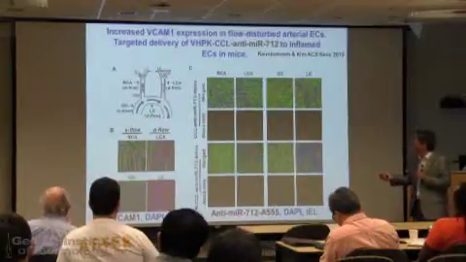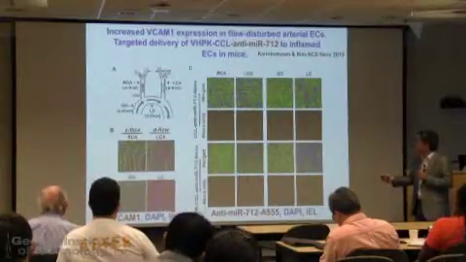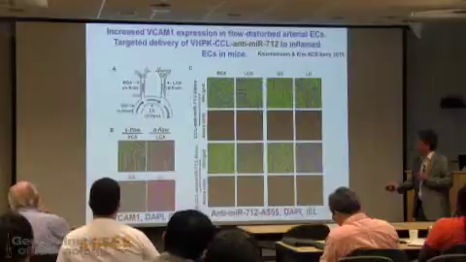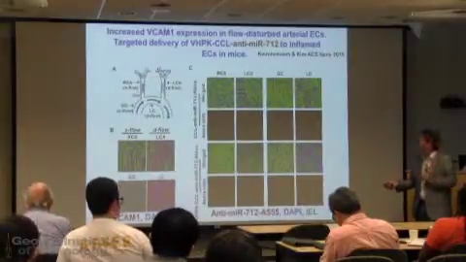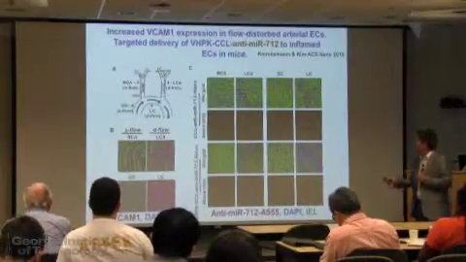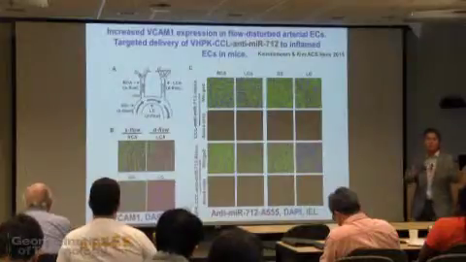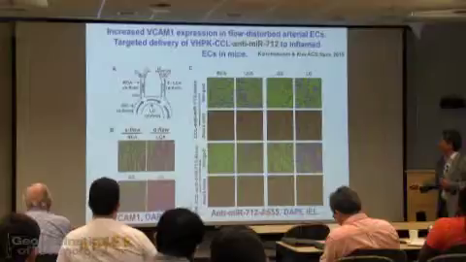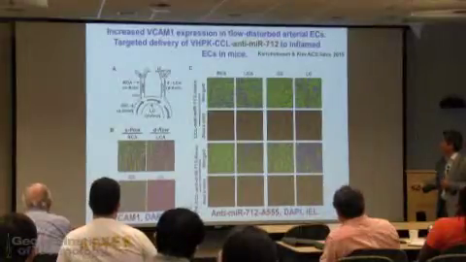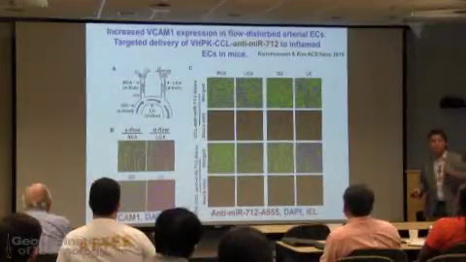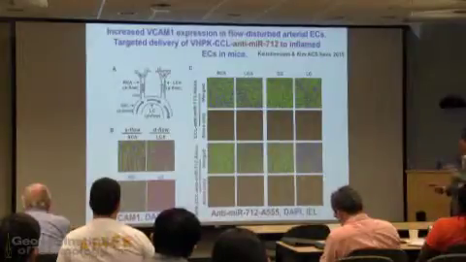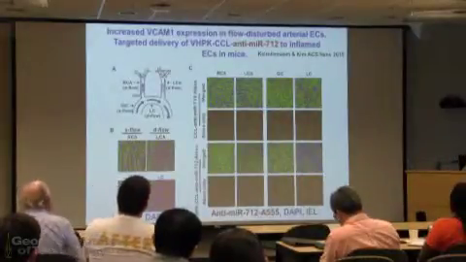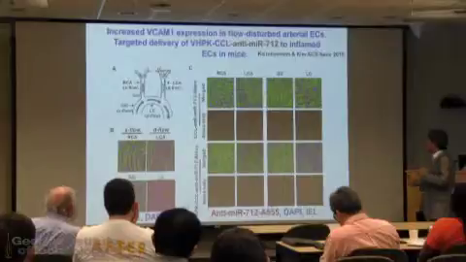In the LCA, where flow is disturbed, we can see a lot of red staining, meaning VCAM1 is high compared to the RCA. Also in the aortic arch, without any surgery, in naturally flow-disturbed areas, we can see a lot of VCAM1 expressed, but not in the greater curvature area where flow is good. So we know VCAM1 is expressed in flow-disturbed, pro-atherogenic regions.